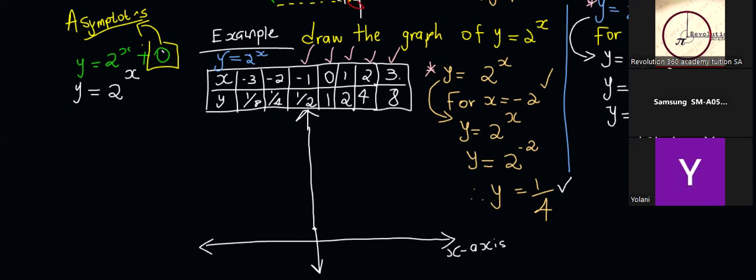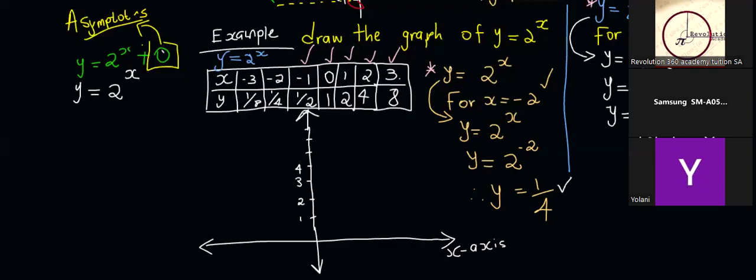So we're going to say that is 1, 2, 3, 4, 5, 6, 7, as well as 8, somewhere up there.